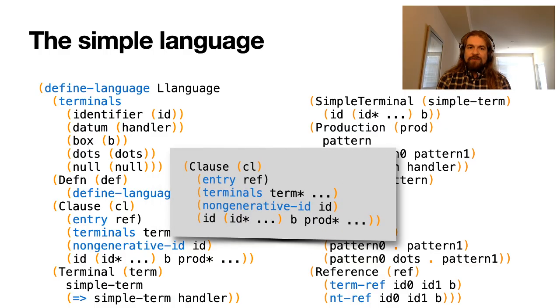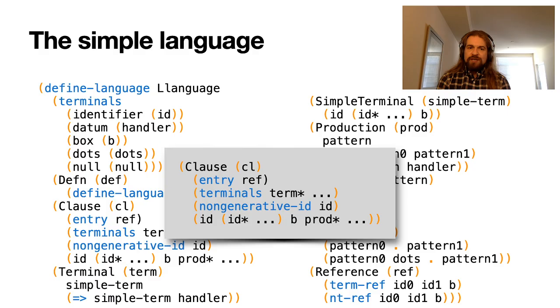The clauses that we have here are entry, which is the way that we specify what the entry non-terminal is for the language. Our list of terminals, of course, the non-generative ID. This is something that tools like ShaScheme use in order to make sure that we can bootstrap a compiler where we have a set of records that were produced for the compiler.